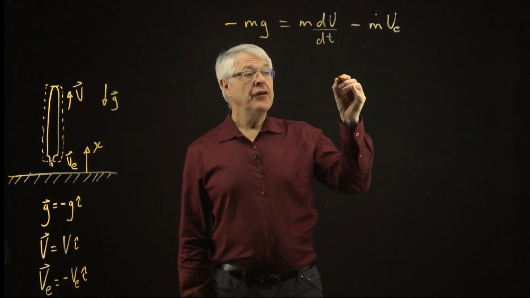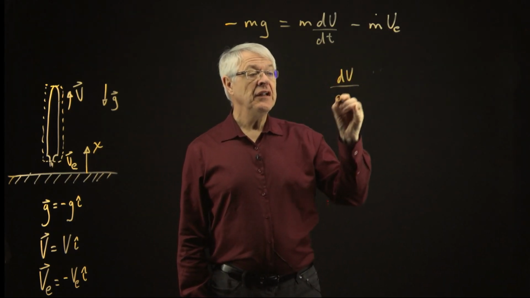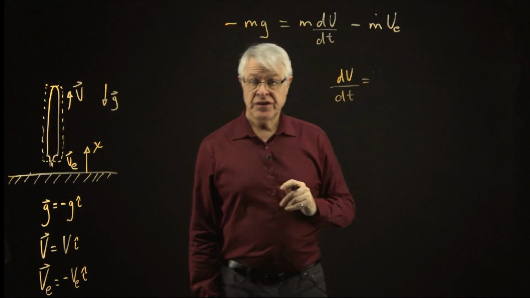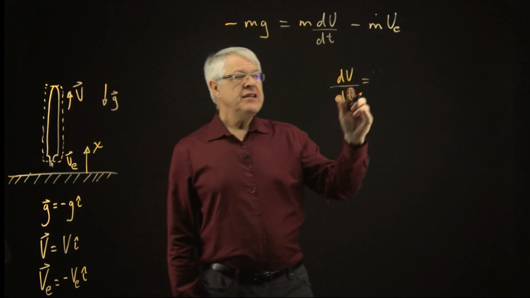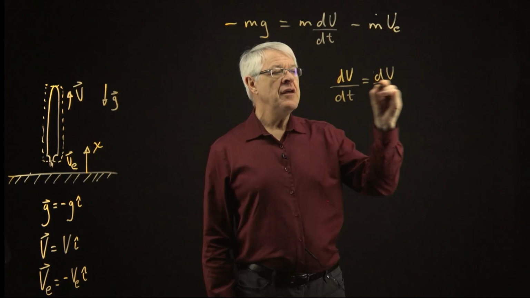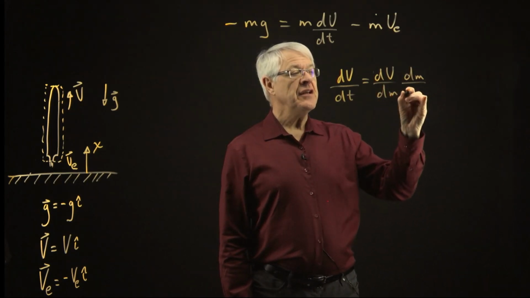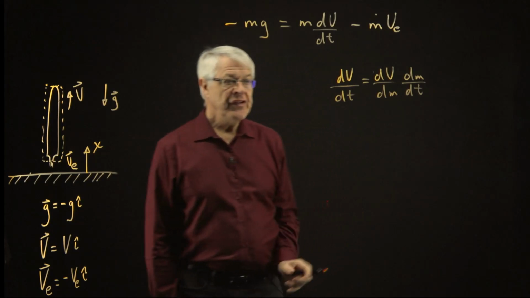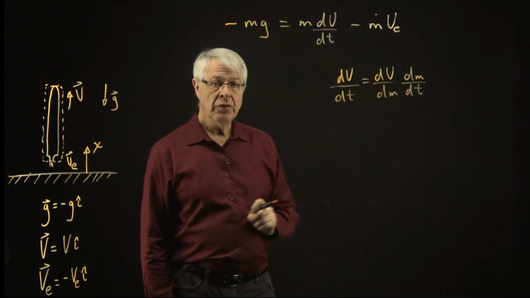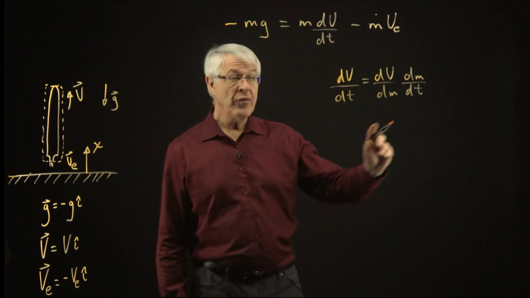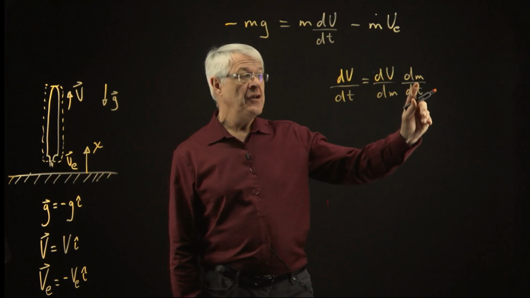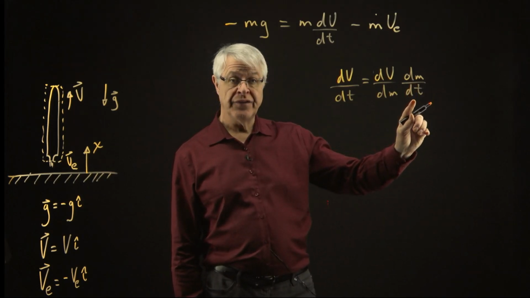So the next thing we're going to do is take a closer look at this dv/dt term. I'm going to represent dv/dt in a little bit different way using the chain rule. So dv/dt can be written as dv/dm times dm/dt. So using the chain rule, those two things are equivalent. Now remember, when we looked at conservation of mass, we found that dm/dt is minus m dot.